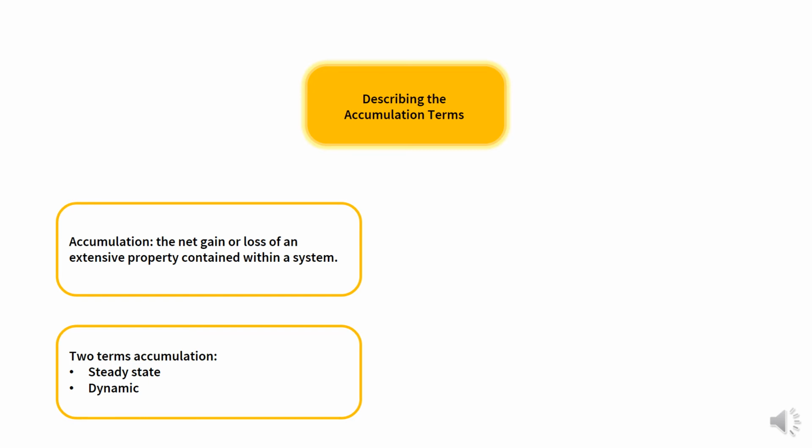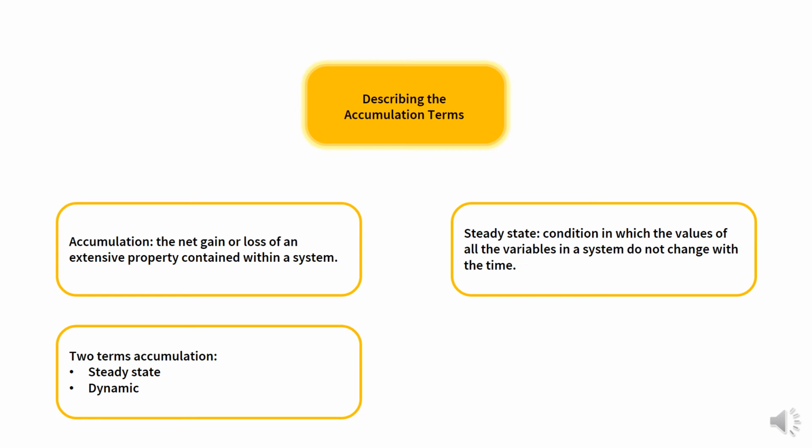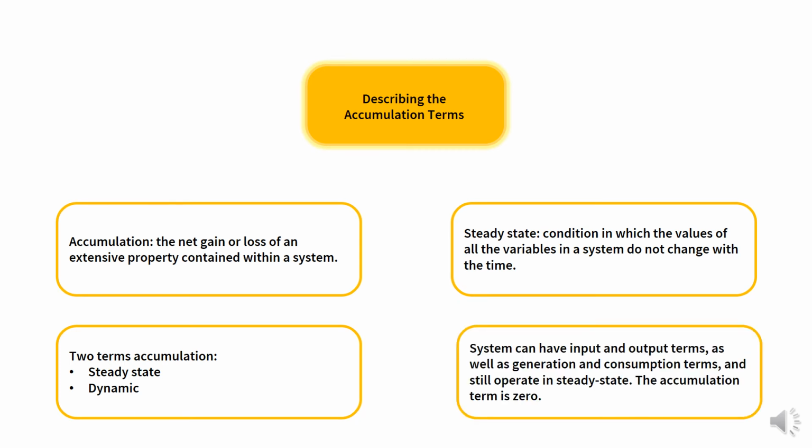Steady state is the condition in which the values of all the variables in a system do not change with time, and the system can have input and output terms as well as generation and consumption terms and still operate in a steady state.